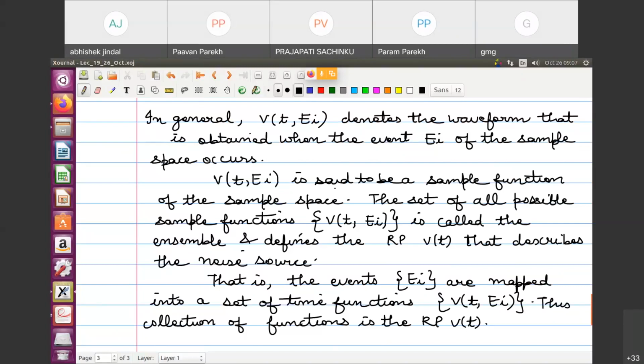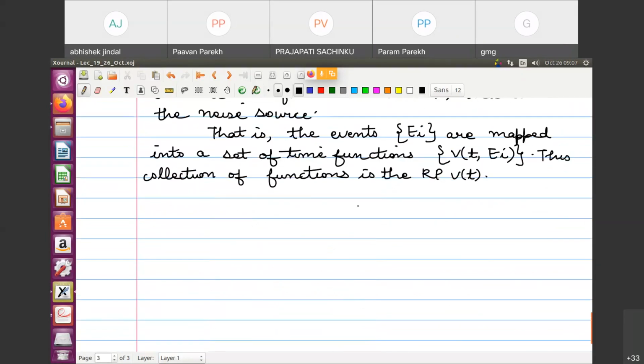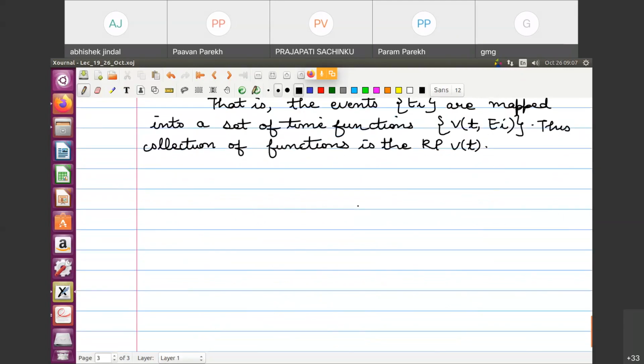Yes, so with whatever we have written, we can see the difference between a random variable and a random process. A random variable maps events into constants, or values. I am assuming that you know the concept of sample space; you must have studied it in your probability course.